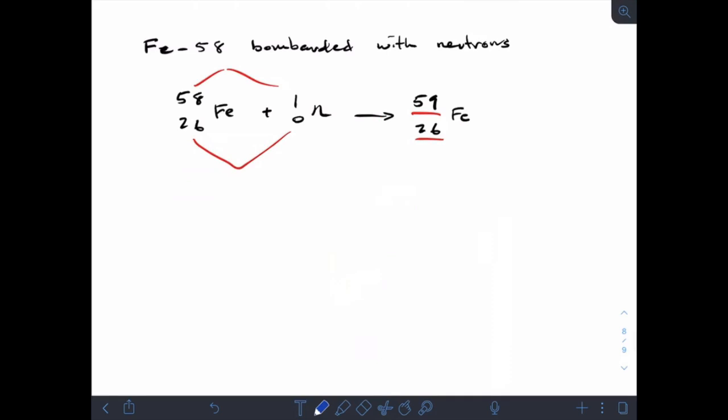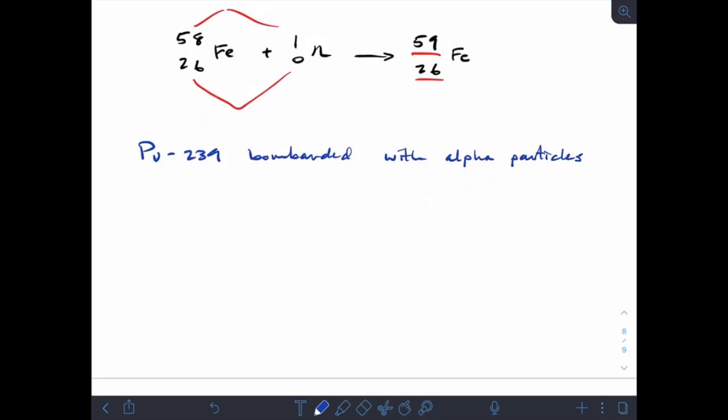Okay, so look at another example. If we have, for example, some plutonium-239 bombarded with alpha particles. Let's take a look at what that shapes up like. So I'll have 239, 94 plutonium.